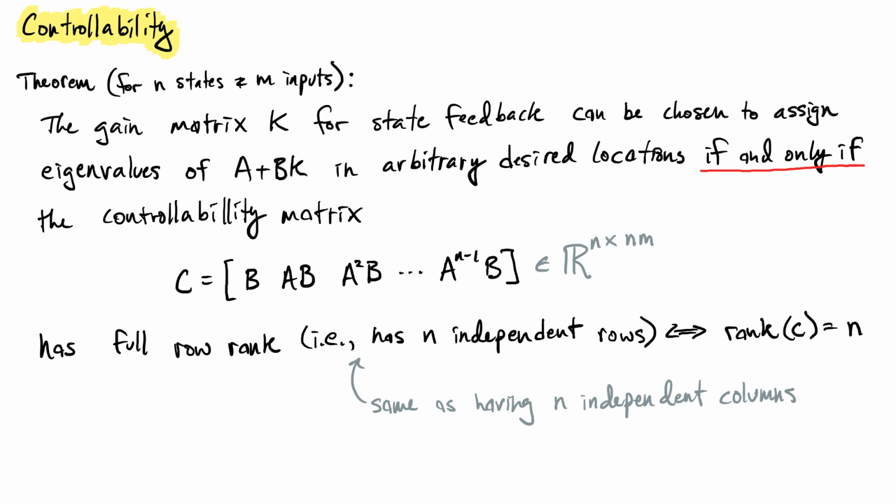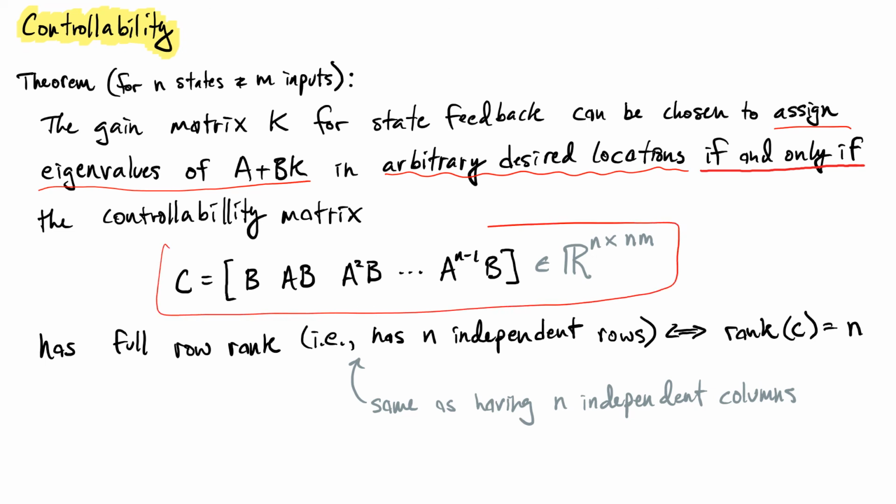Specifically, this is an extension of what we already saw: we can only do pole placement for arbitrary desired locations if and only if this matrix is invertible or has full row rank.